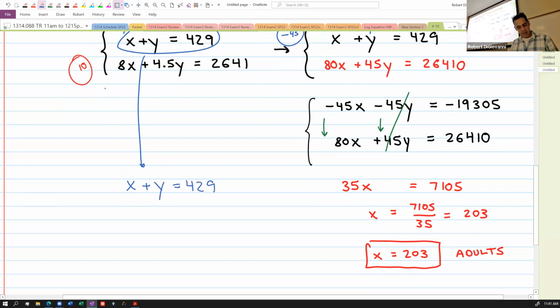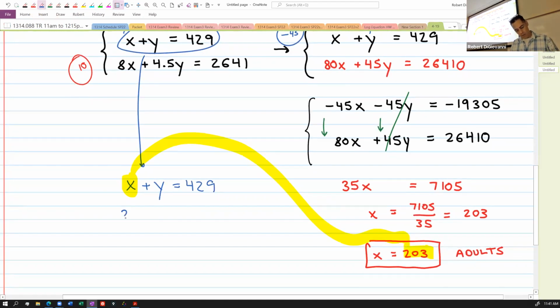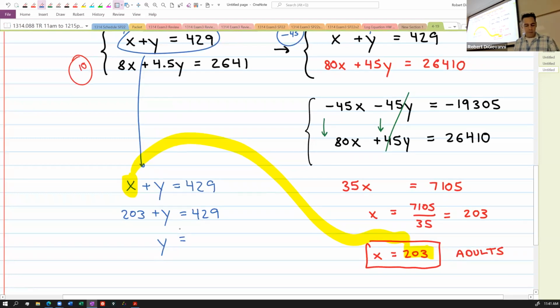And let's replace the X with the 203. So that becomes 203 plus Y equals 429. Subtract 203 from both sides. What do you get? 226. And this is the number of kids you have, children, whatever.